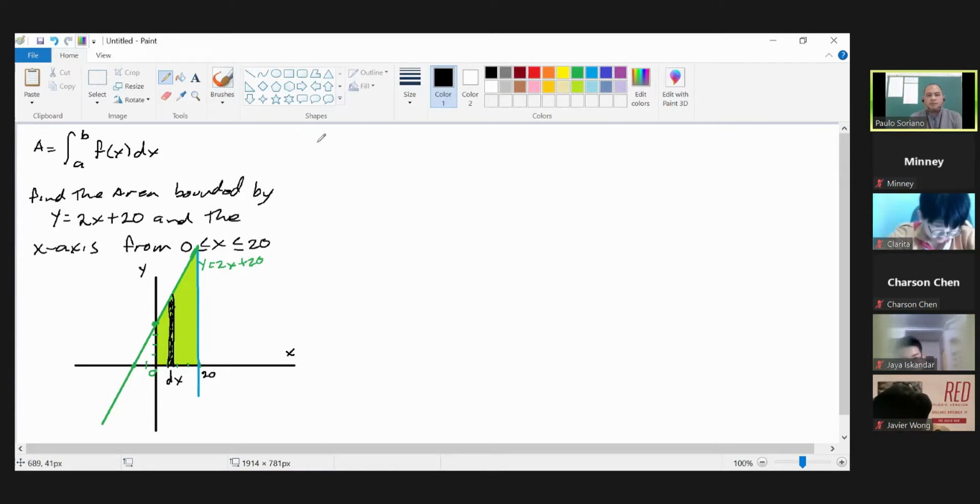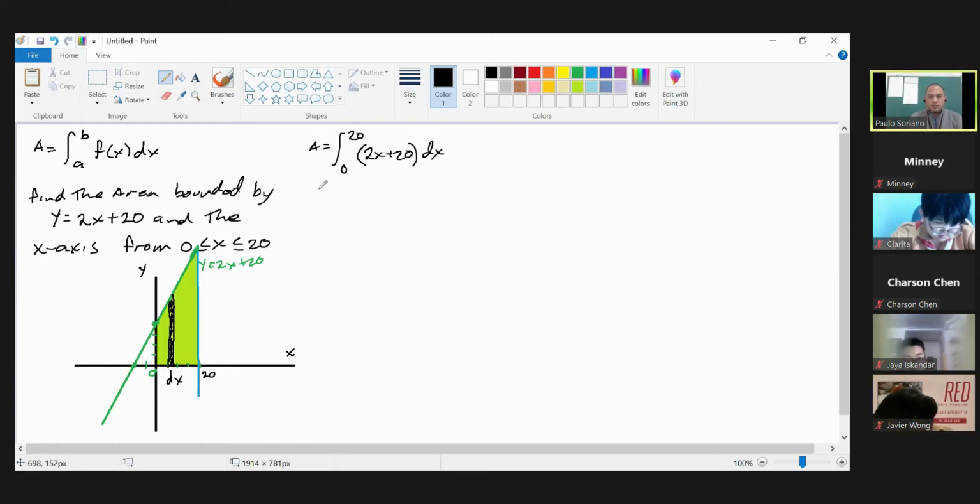So that will now be area is equal to the integral from 0 to 20 of the function. What's our function in x? 2x plus 20, and that's in dx.